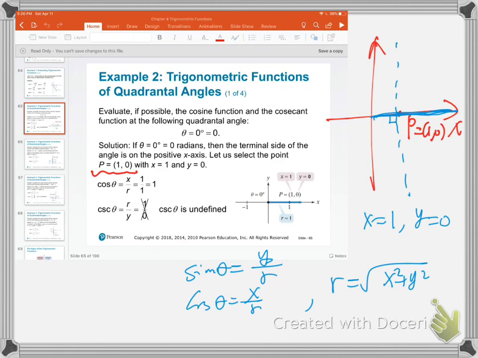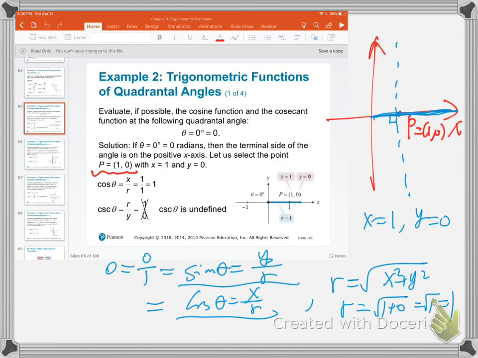Use this definition to find x, y, r, and then sine, cosine. So if you plug in here, r is the square root of 1 plus 0, which is 1. So r is also 1. Sine is y over r, so 0 over 1 is 0. Cosine is x over r, so 1 over 1 is 1.